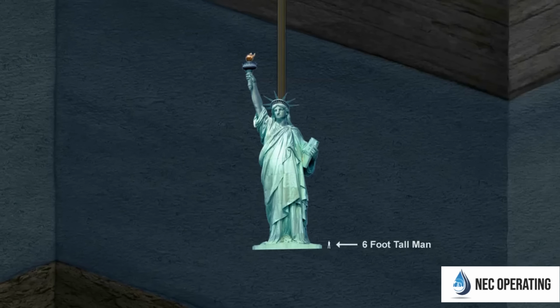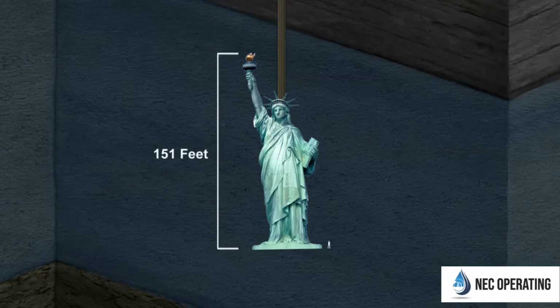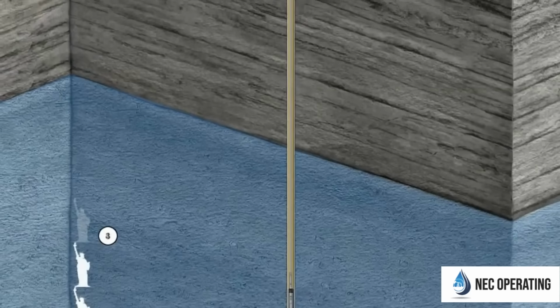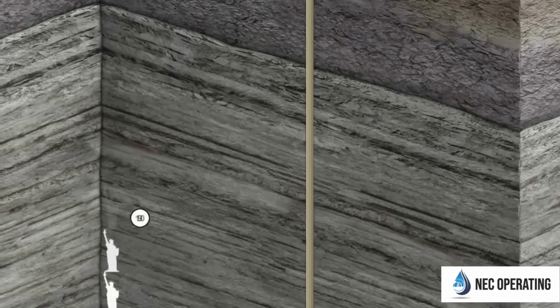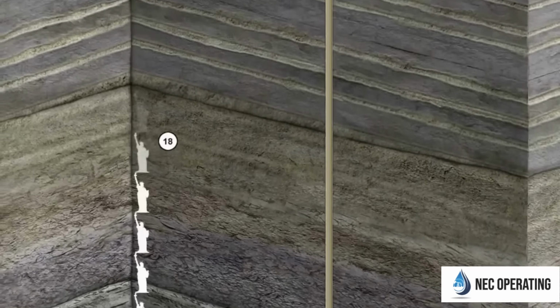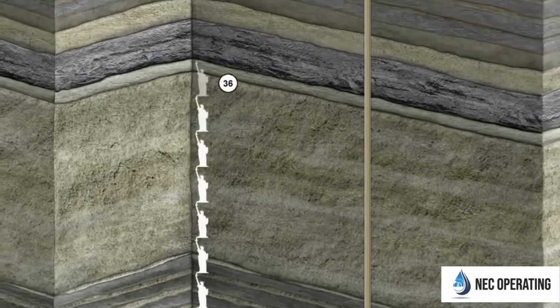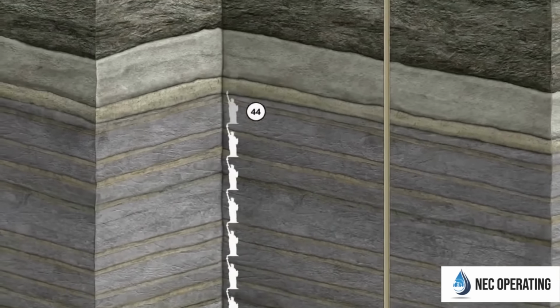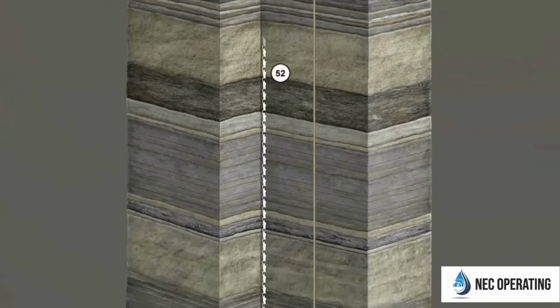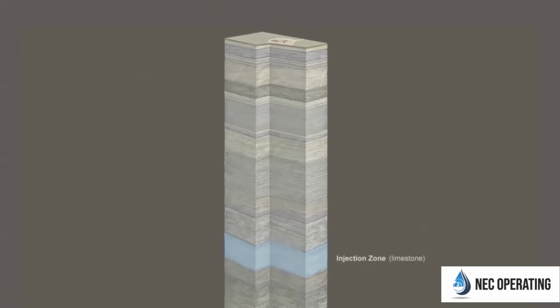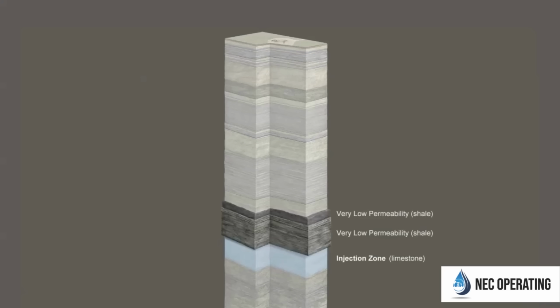The scale used in this visualization helps to illustrate the vast separation between the disposal zone and the underground source of drinking water. The depth in this example is approximately 8,900 feet. This is over a half-mile deeper than the deepest part of the Grand Canyon. This great distance is comprised of layer after layer of rock with low to very low permeability.